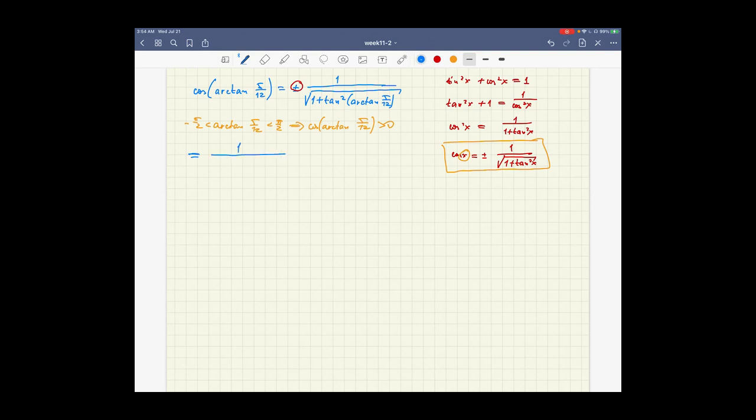because I can write that this is 1 over root 1 plus tangent of arctangent of 5 over 12 squared, and this simply is 1 over root 1 plus, since tangent of arctangent of 5 over 12 is, of course, 5 over 12.